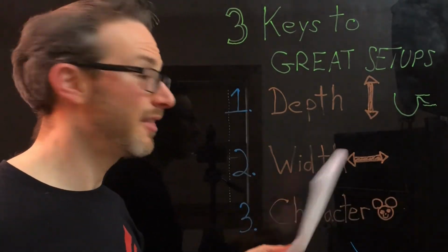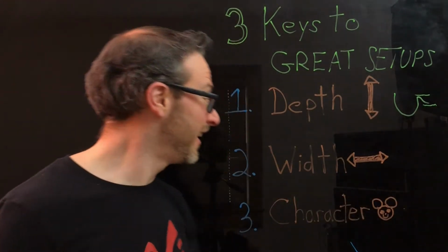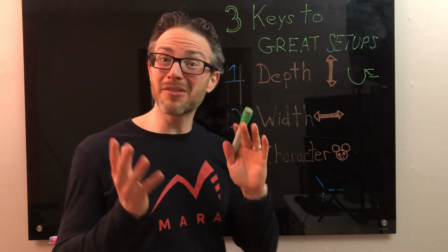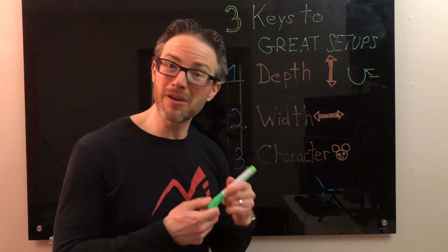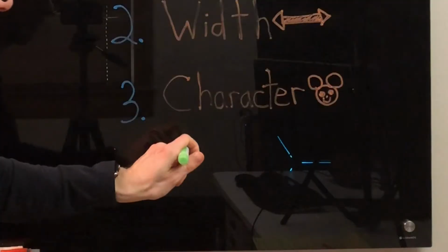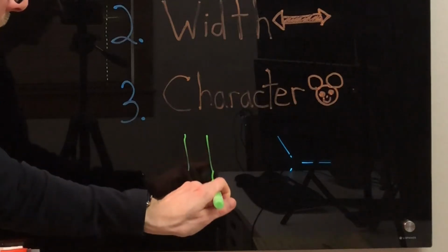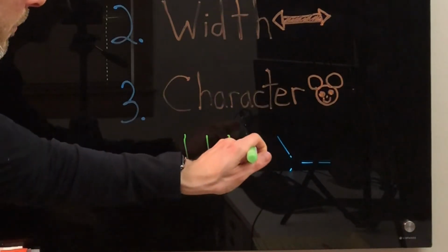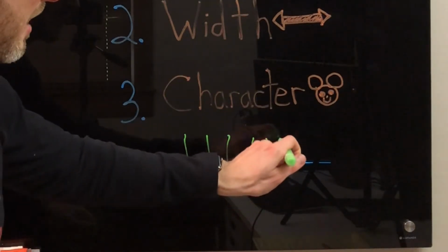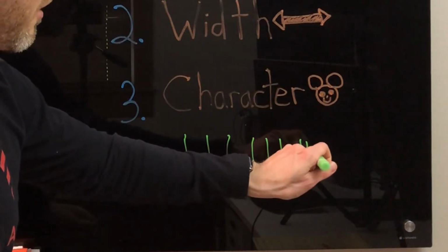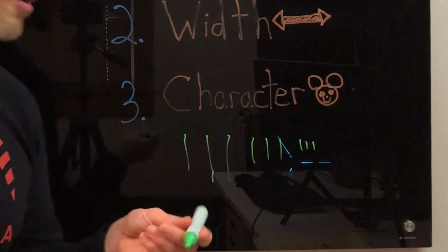Last part, the character. And the character that you're looking for, it's not going to be Mickey Mouse. What you're going to be looking for is, do you have a pattern that's been kind of wide and loose, and then it starts to tighten up, and then it starts to tighten up some more? That's what you're looking for.